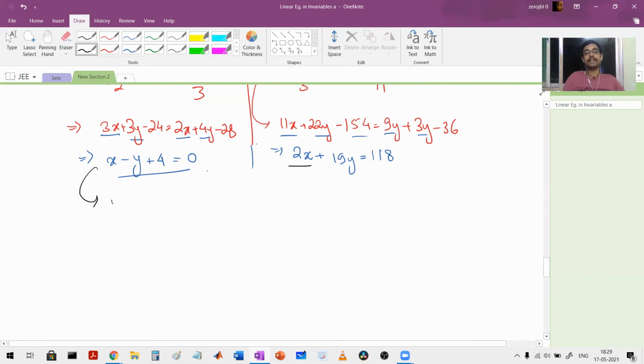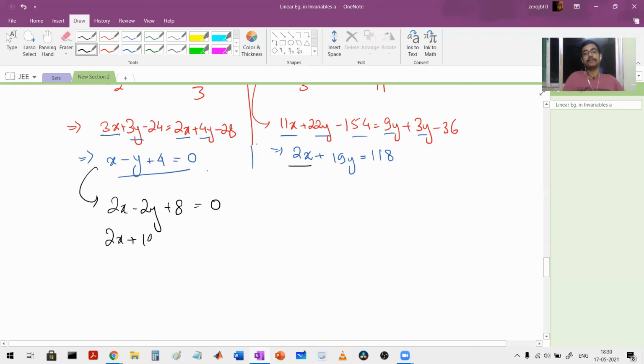So let's multiply this entire equation by 2. No issues. It's all about solving. The exercise I'm giving you here has nothing mentioned, so you can solve it your own way. But I'm telling you that every problem can be solved this way also. That's just for your convenience. Because we were continuing with elimination, I wanted to give elimination here.